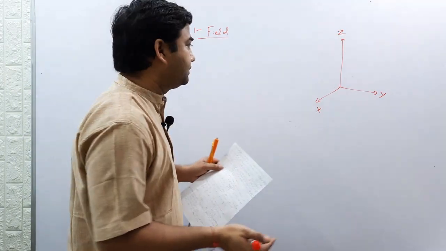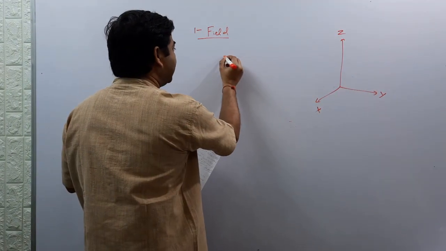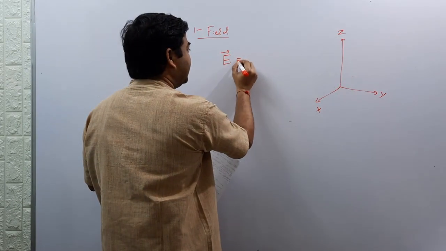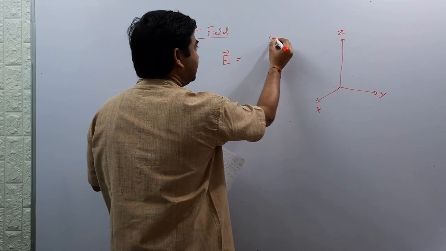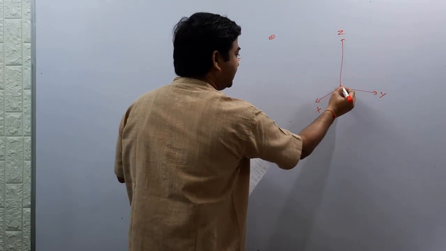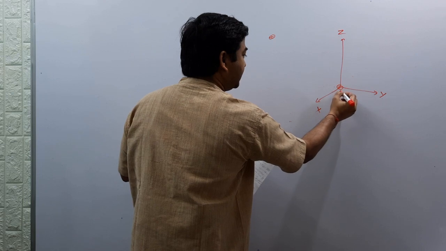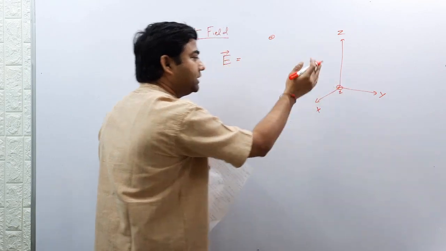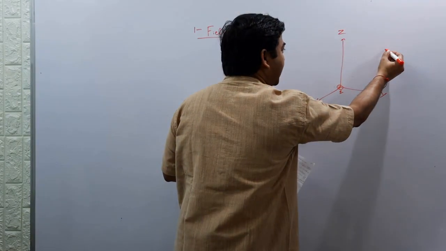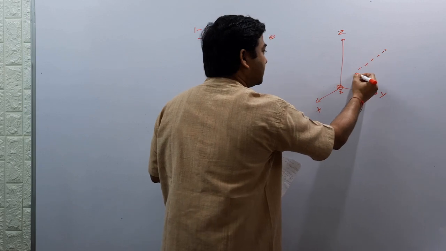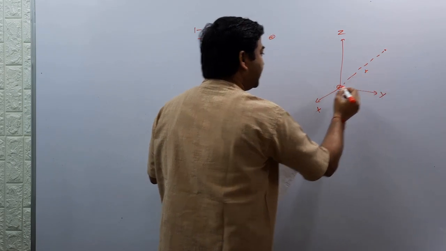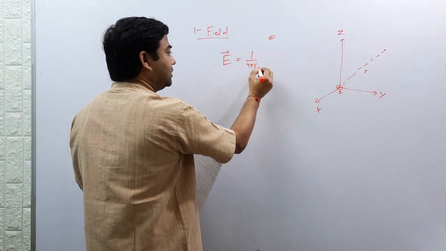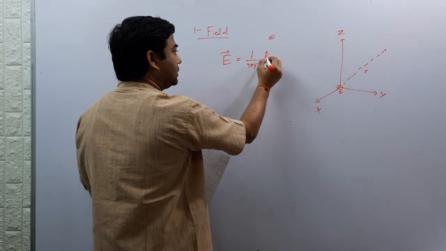Just for another example, we know the electric field. Let this be a charge plus Q placed at the origin of this three-dimensional coordinate system. At distance r, the value of the electric field is 1 by 4 pi epsilon 0 Q by r square.